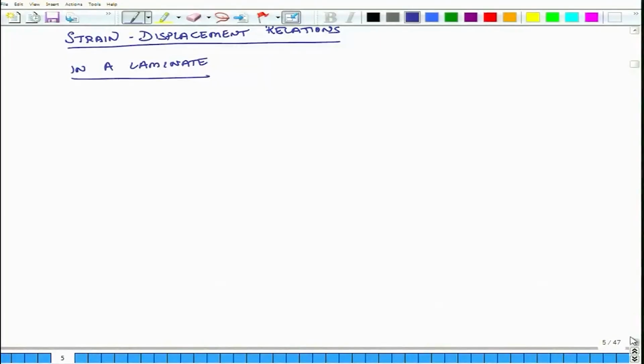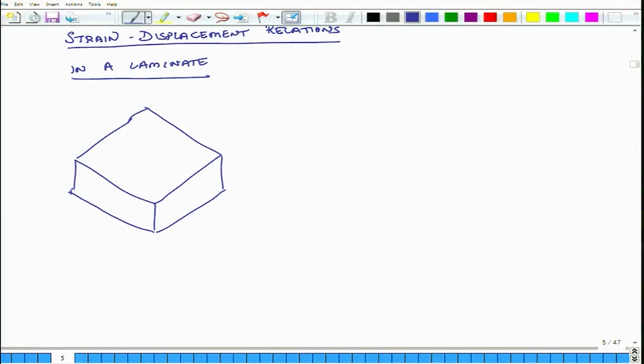So, we will start by drawing a picture. Consider this: a small flat plate.